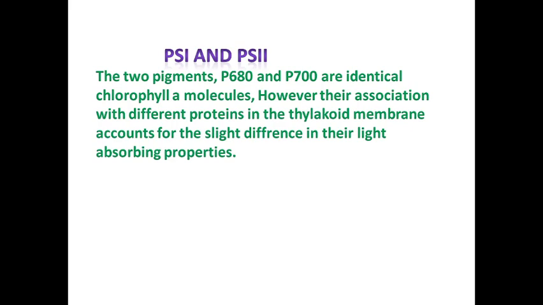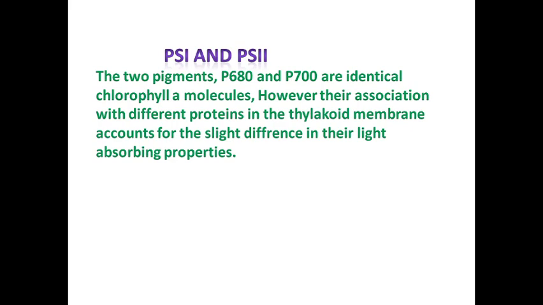You must be wondering that in the reaction center of both the photosystems there is chlorophyll A molecule. Then why does this absorb light of wavelength 700 nanometer in pigment system first, and 680 in pigment system second? The chlorophyll A molecule is the same.